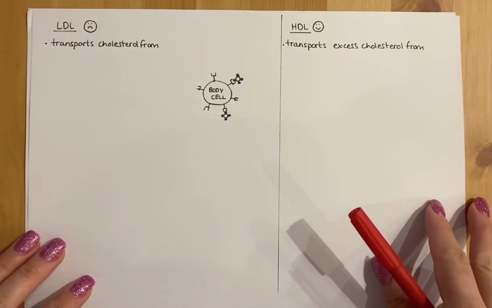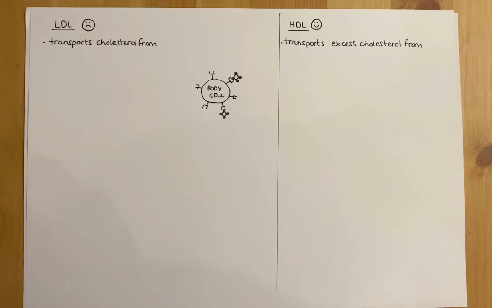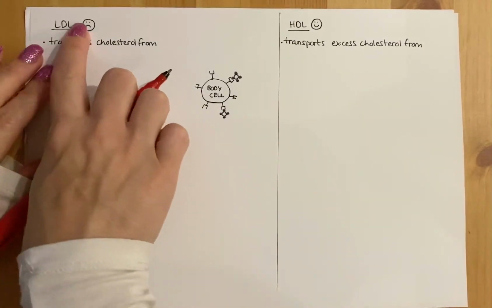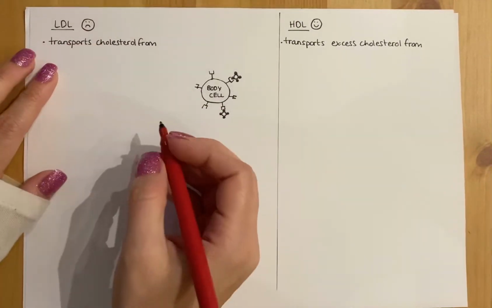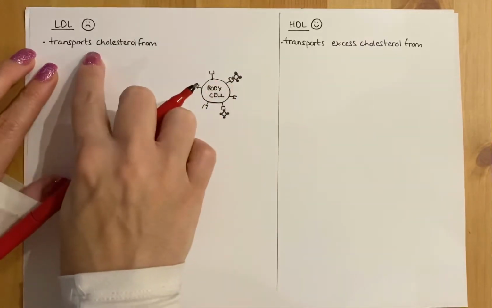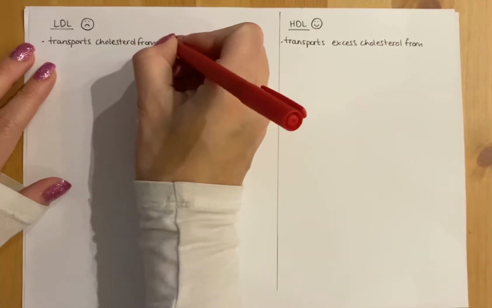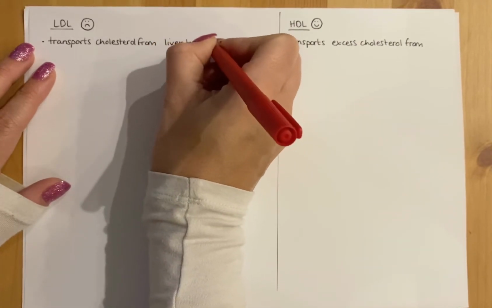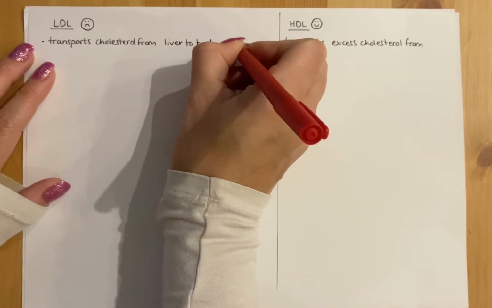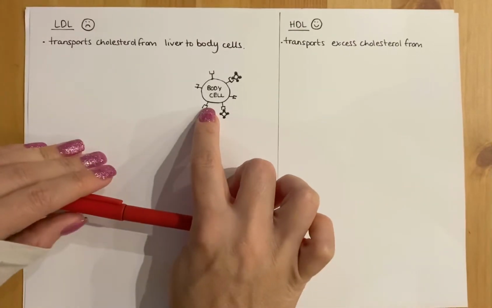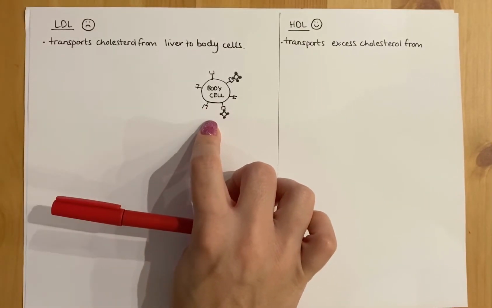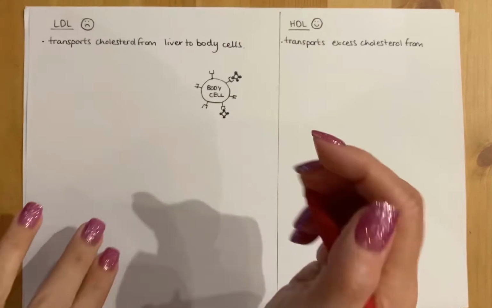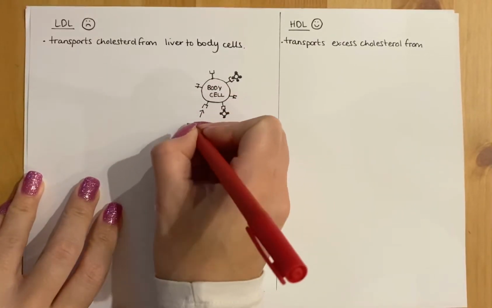So here I've got a quick table, okay, with LDL and HDL on it. LDL is what I was referring to as the bad guy. They both transport cholesterol. LDL transports cholesterol from the liver to the body cells. And that's why I've got a diagram of a body cell here. That body cell, on the exterior of it, has receptors.